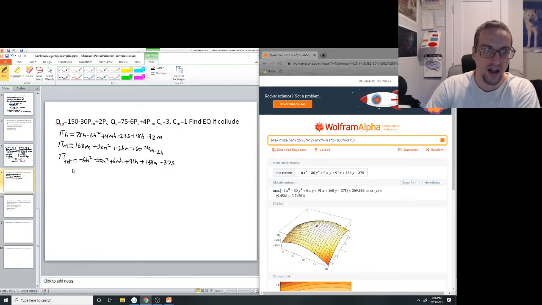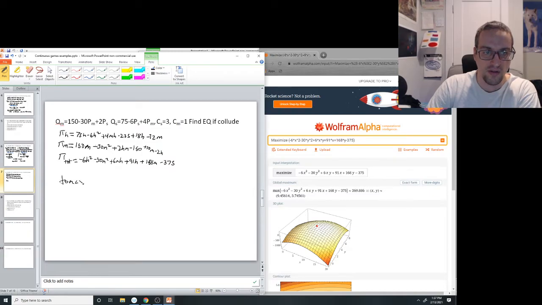So we get that to max profit, we want h to equal 9.46 and y to equal 3.75.